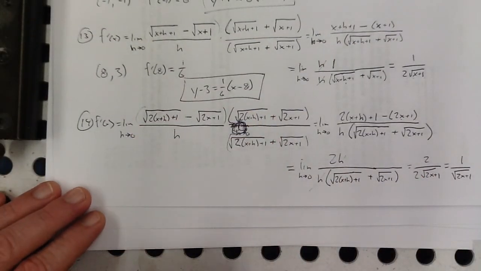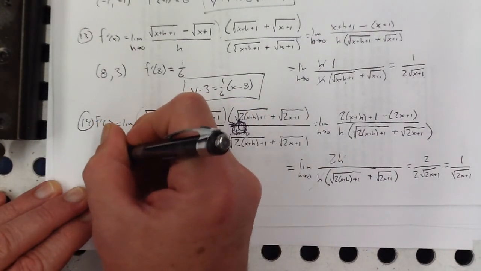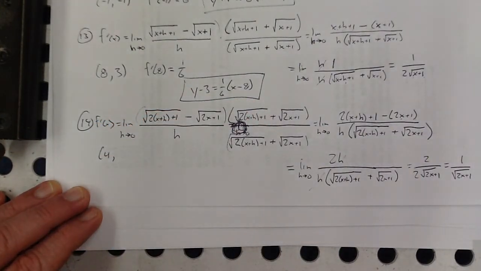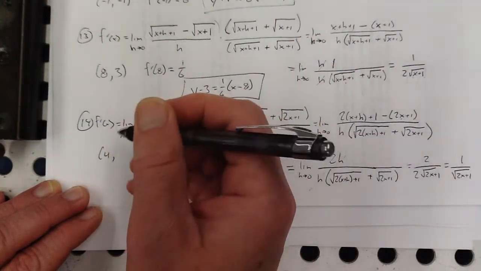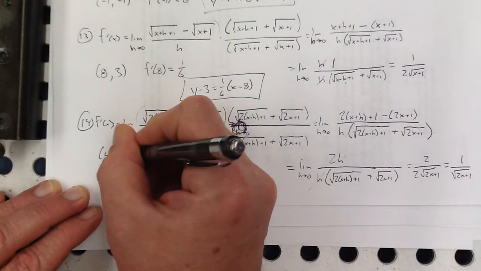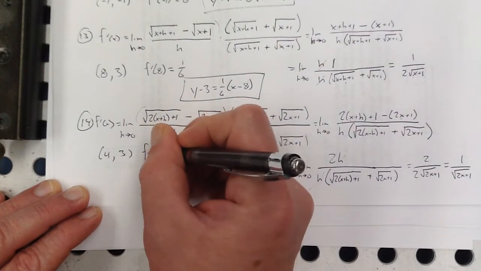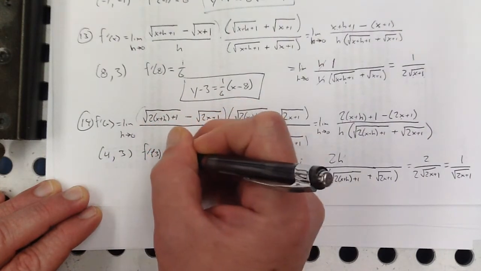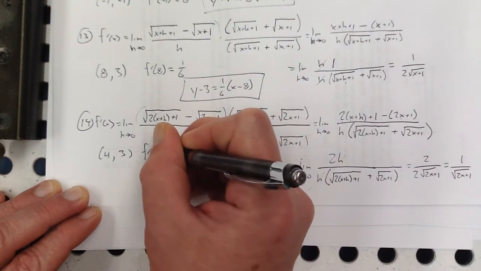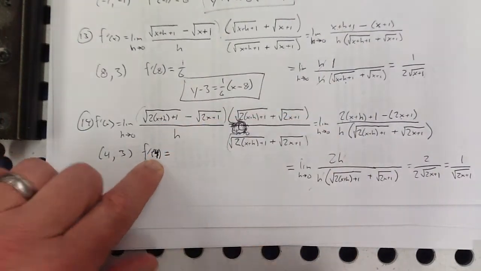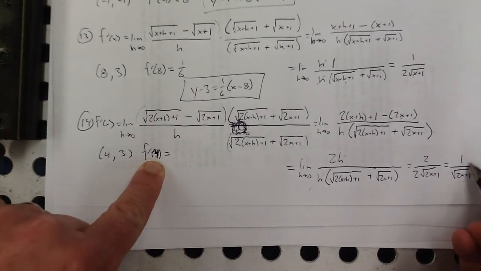Want a tangent line at x equals 4? Sure. Plug 4 into the original function, we get 3. And then f prime of 4, excuse me, slope at 4. To find that, you plug 4 into the derivative. That's 1 over 3.